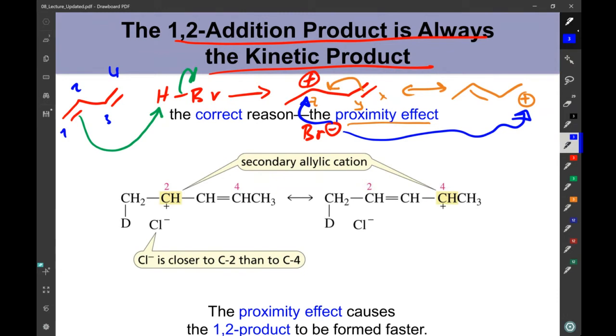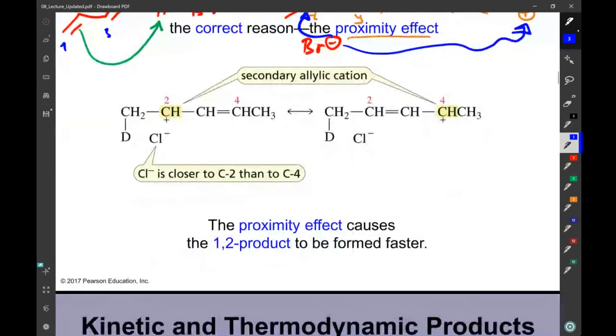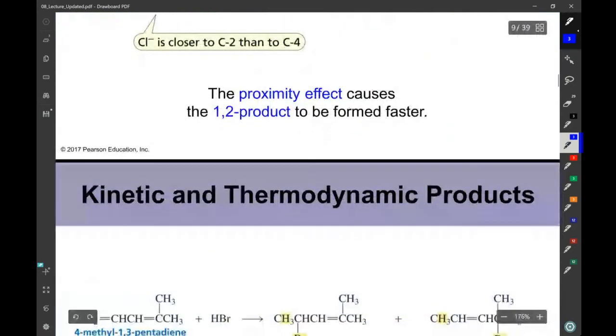And so due to proximity, the Br minus is closer to carbon number 2 than it is to carbon number 4. And because it's closer to carbon number 2, it reacts faster with carbon number 2. That's why we have a kinetic product. That has to do with speed. Okay? So the kinetic product is always the one that forms faster.